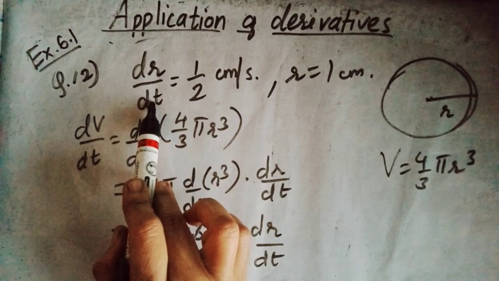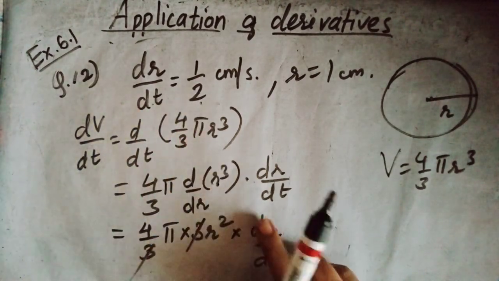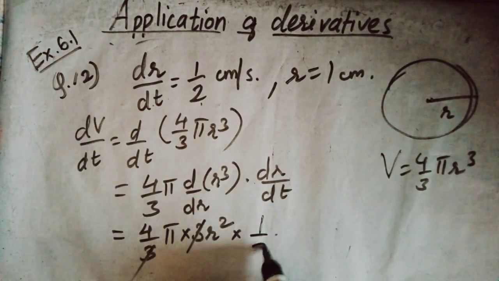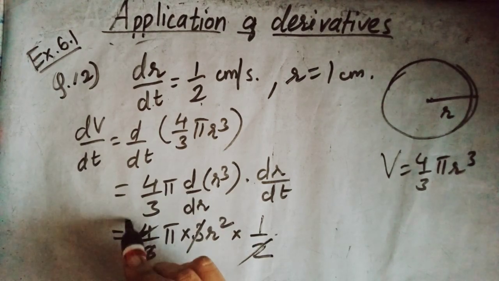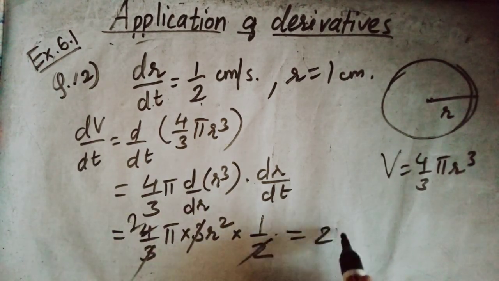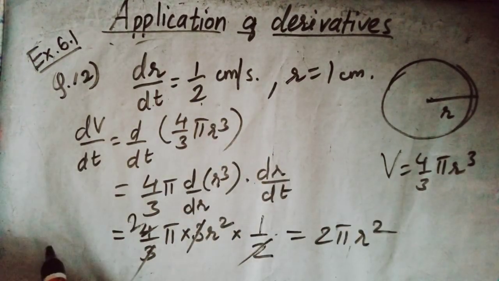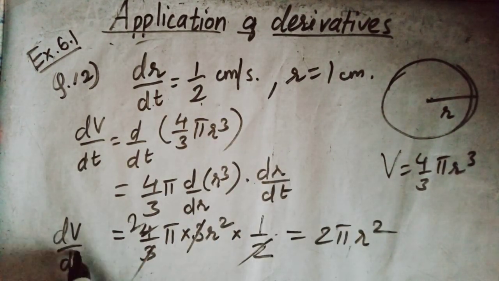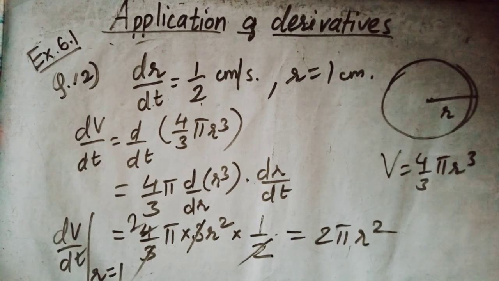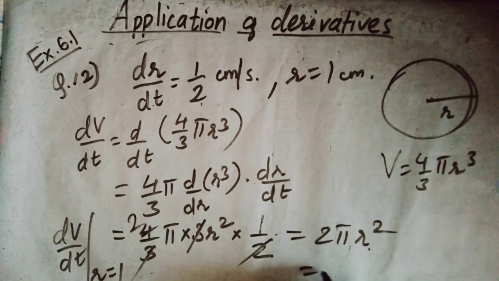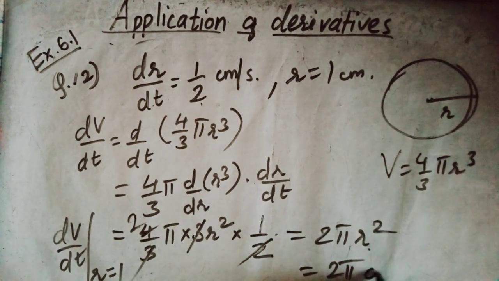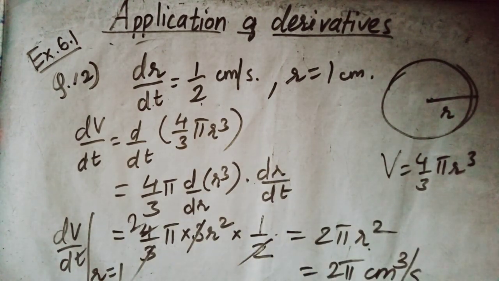Since dr by dt is given as half, you have to substitute it here. So half, this will be 2, so 2 pi r square. And also the radius is given, so dv by dt at r equal to 1 you have to find. So this will be 2 pi. It is a volume, so centimeter cube per second.